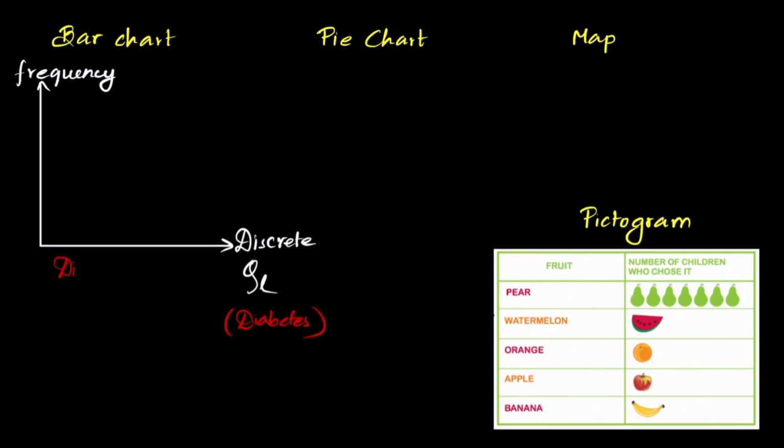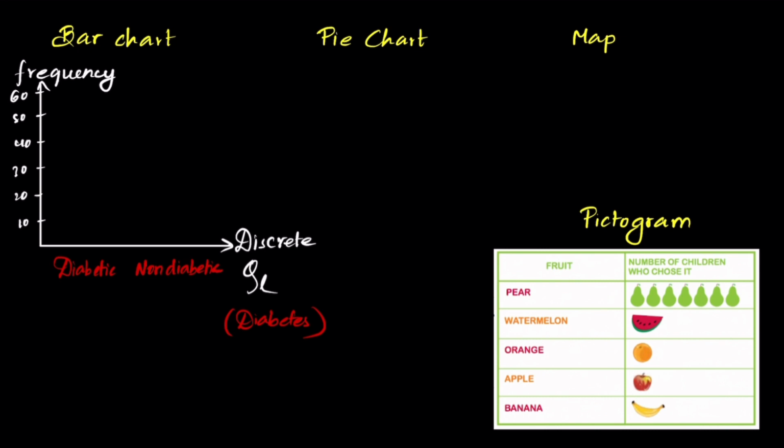Okay, so there's your diabetic people. And then there's your non-diabetic people. These are your qualitative data on x-axis. Discrete qualitative data on x-axis. On y-axis, you have your frequency. 10, 20, 30, 40, 50, 60.